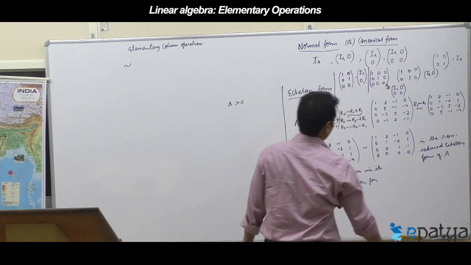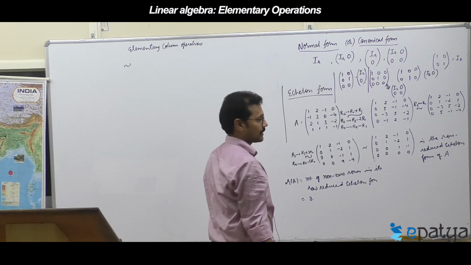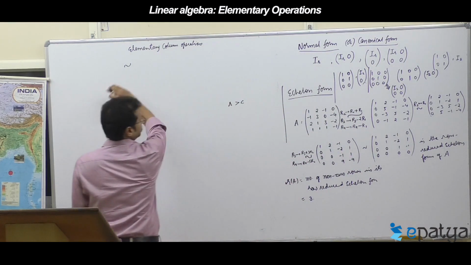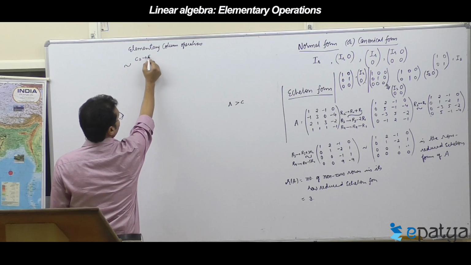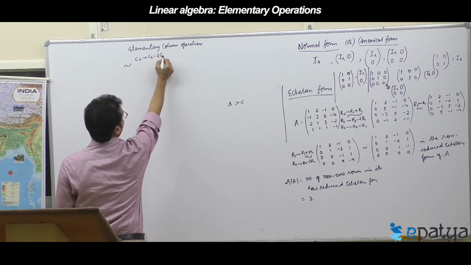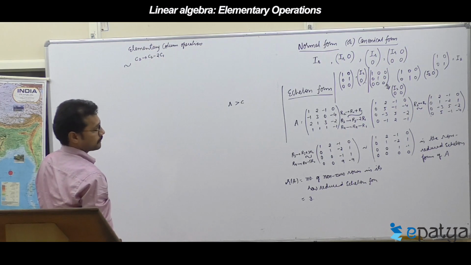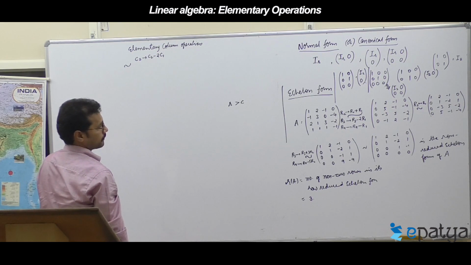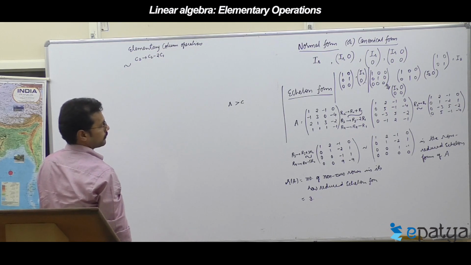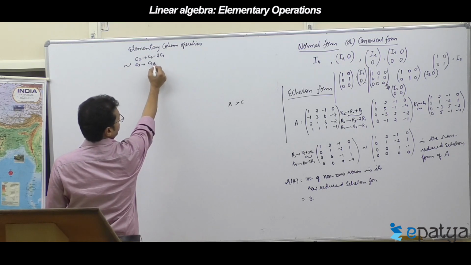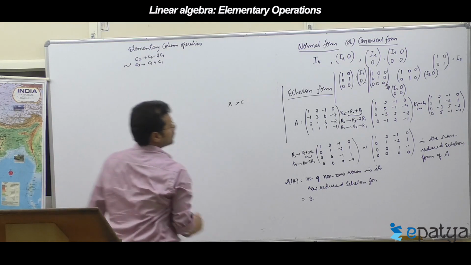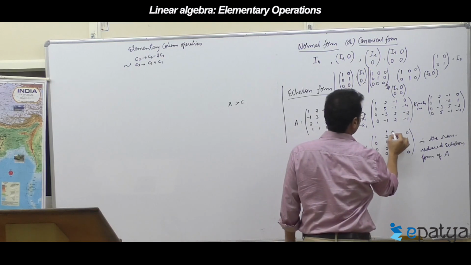Okay. C2 becomes C2 minus 2 times C1. C3 becomes C3 plus C1, which makes these elements zeros and zeros.